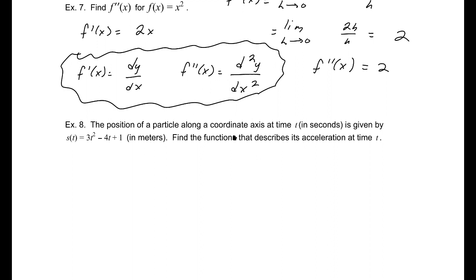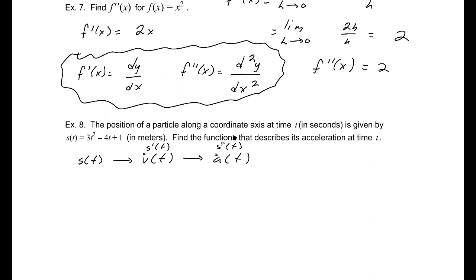Okay, well, acceleration, if we think of s of t being position, because it is, then the derivative of that is velocity, and the derivative of that is acceleration. So this is s prime of t, which makes this s double prime of t. So really we're being asked to find the second derivative of the function we are given there. That's what it comes down to.